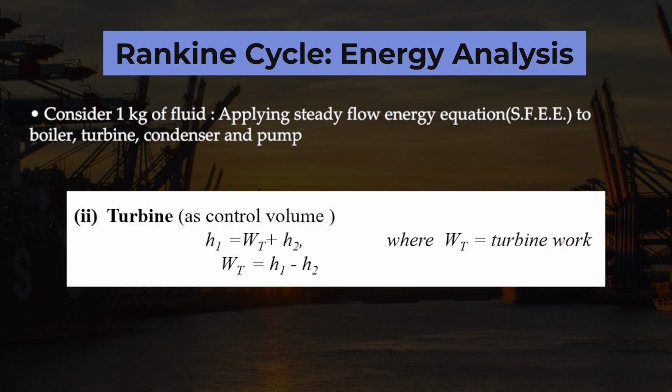In case of the turbine as control volume, H1, that is enthalpy at point 1, is equal to WT, the turbine work, plus H2, and WT can be calculated as H1 minus H2, where WT is the work done by the turbine.